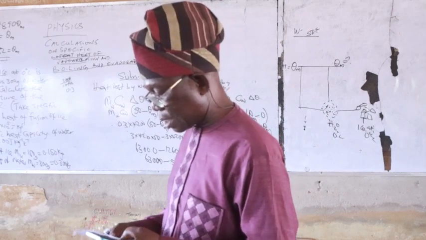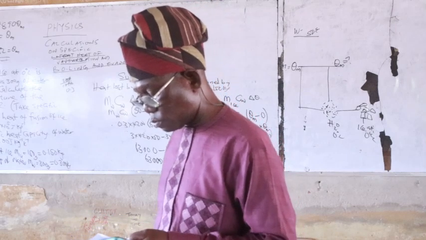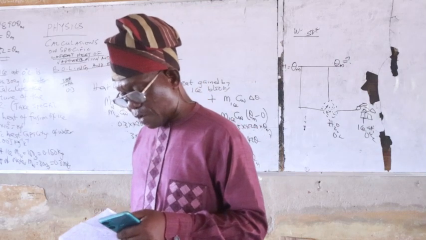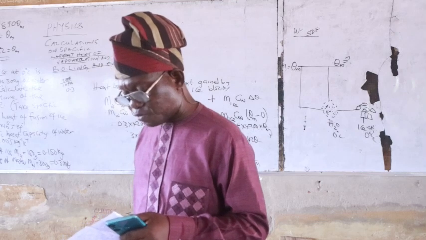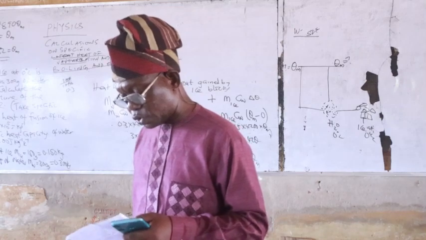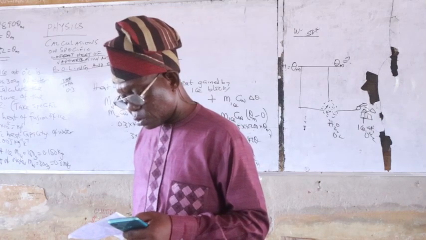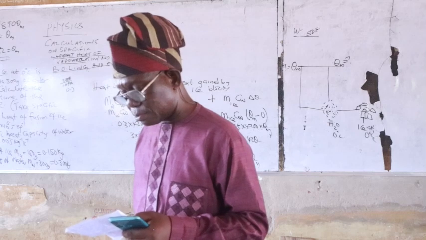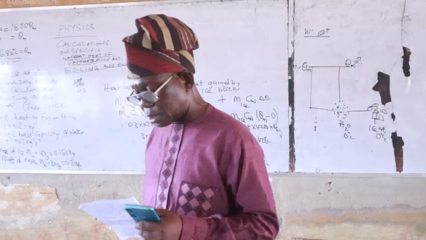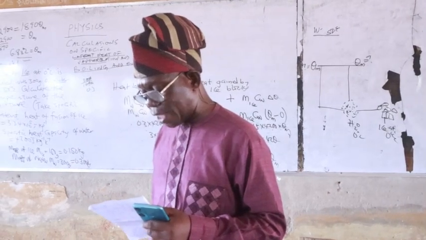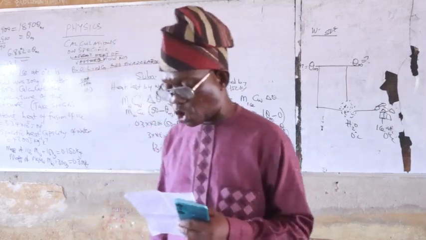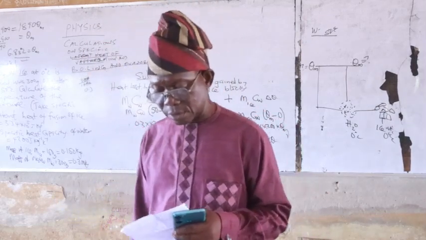That's Roman figure 1. Roman figure 2. 8 times 10 raised to power 3 joules, 500 grams, and temperature from 20 degrees Celsius to 60 degrees Celsius.